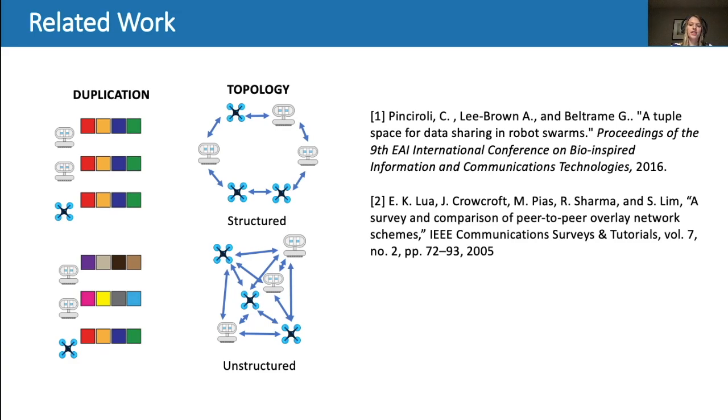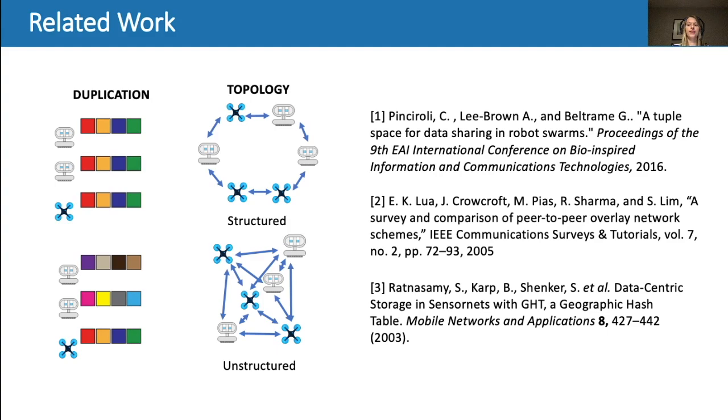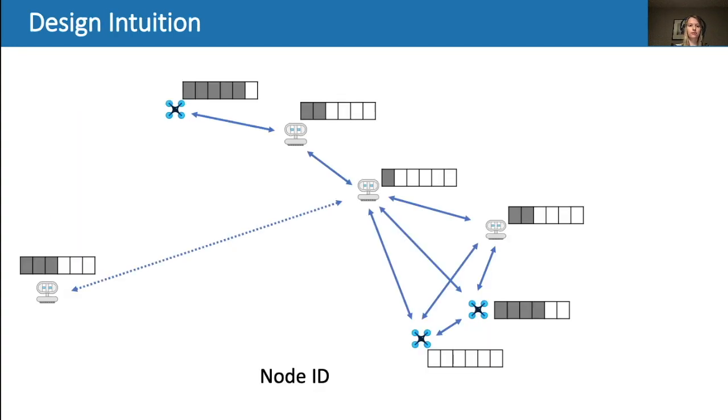Some distributed hash tables use a structured topology for the overlay network, which makes data routing very efficient, but is not practical with high node mobility. Work by Ratnasamy and sensor networks considered nodes moving in space. The main difference with our approach is that the end goal is to offload this data to a server rather than keep it over time for all nodes to use and update.